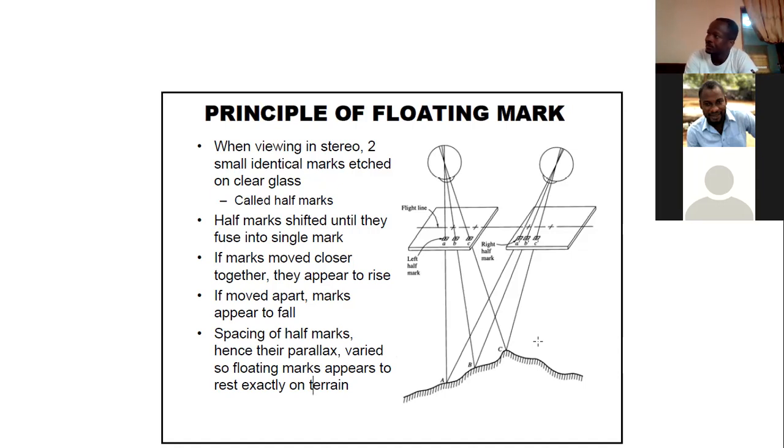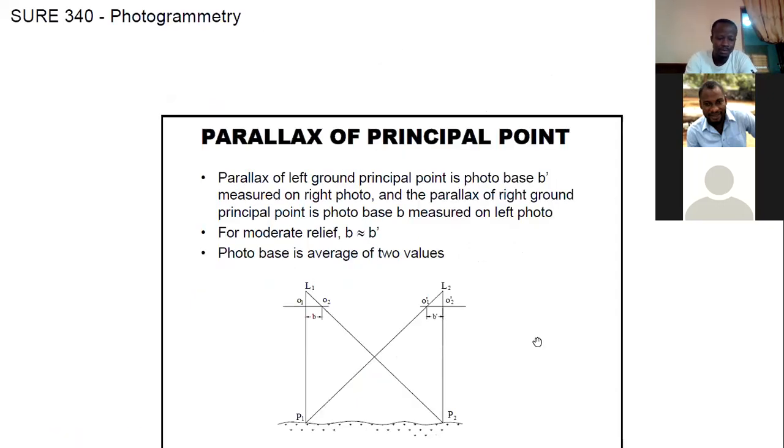Of course, the spacing of the half marks and the parallax are varied so that the floating mark appears to rest exactly on the terrain. So when you look at a 3D model by observing two photographs, you tend to have a three-dimensional impression of the terrain. And that's what we're talking about.